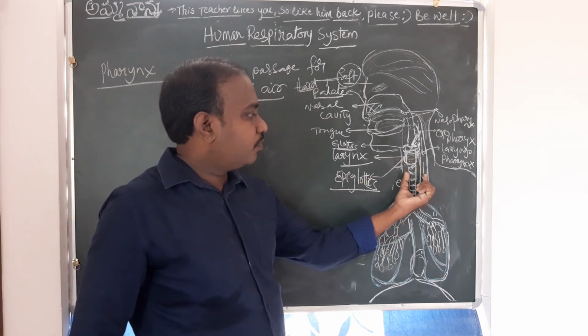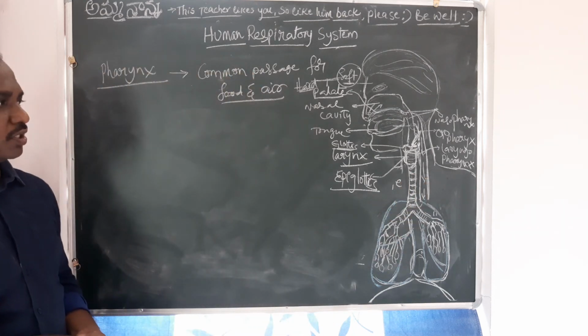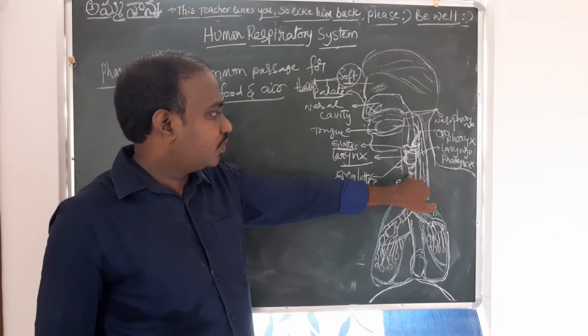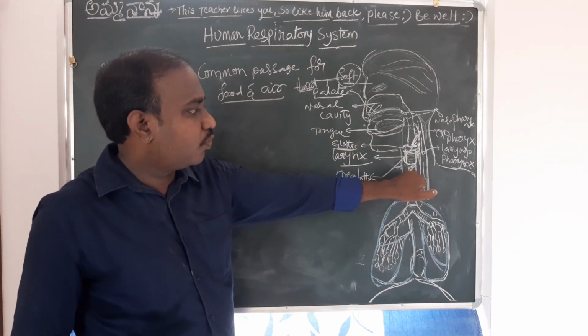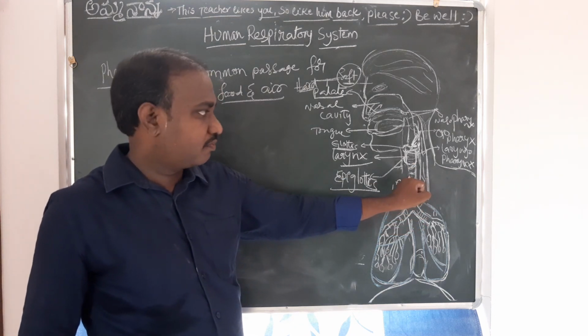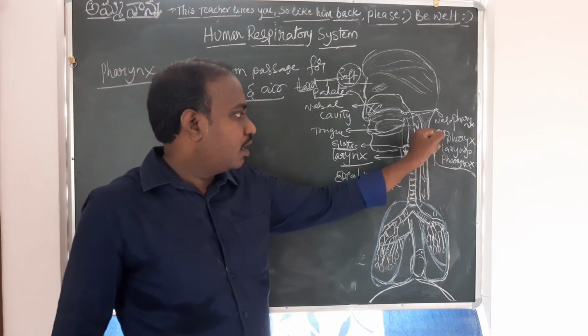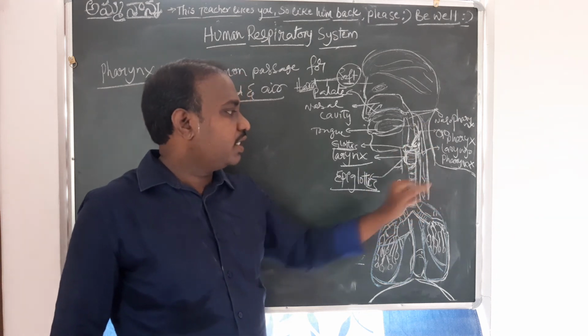So here, in this part, when you have two tubes, which tube is the anterior one, which tube is the posterior one? Towards this end, anteriorly, the tube that is placed is the trachea, that is the windpipe, and posteriorly the tube that is placed is the esophagus.